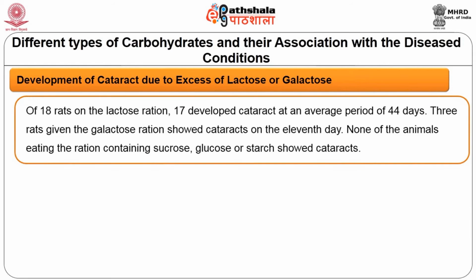Of 18 rats on lactose ration, 17 developed cataract at an average period of 44 days. 3 rats given the galactose ration showed cataracts on the 11th day. None of the animals eating the ration containing sucrose, glucose or starch showed cataracts.